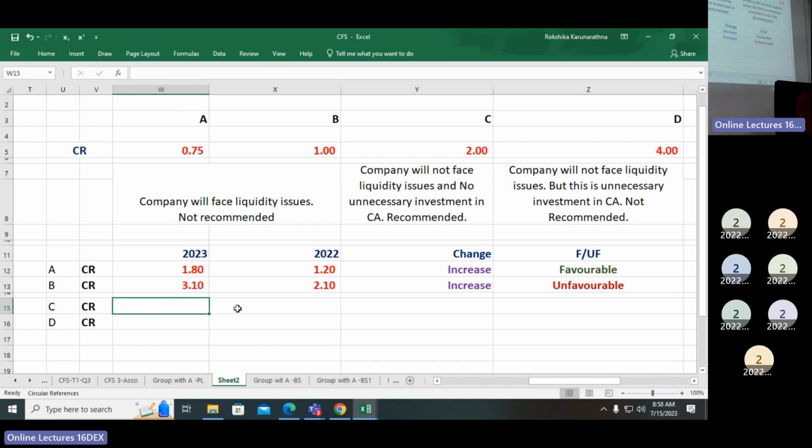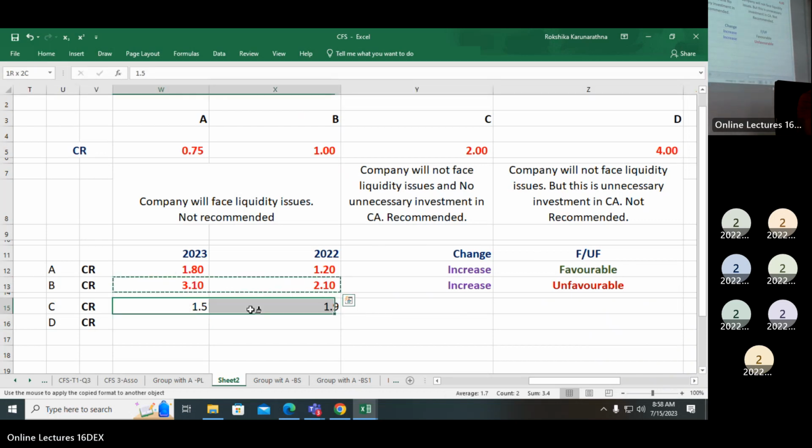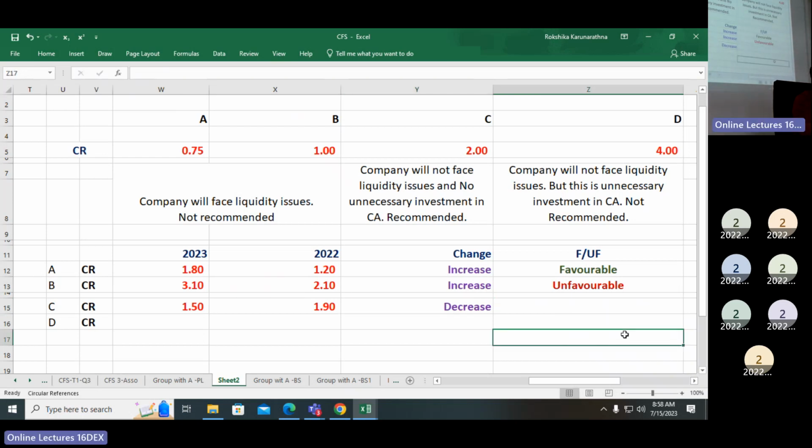Right. We'll take another one. Last year 1.9, this year 1.5. Now you have a decrease. Is this decrease favorable or unfavorable?